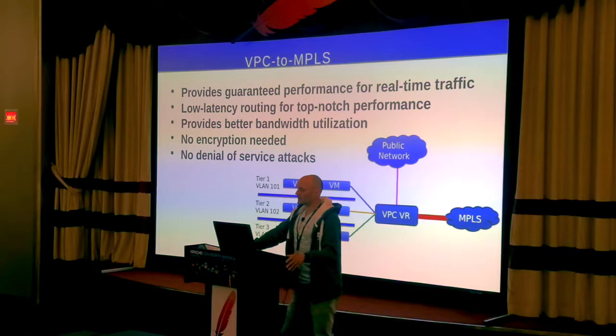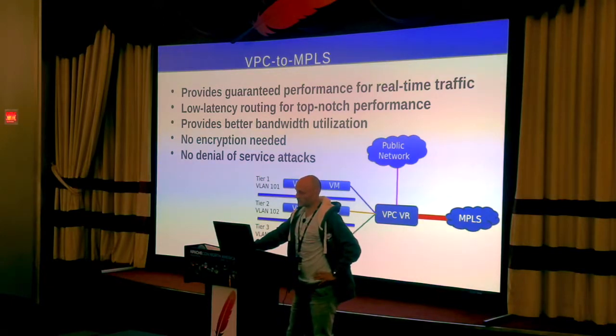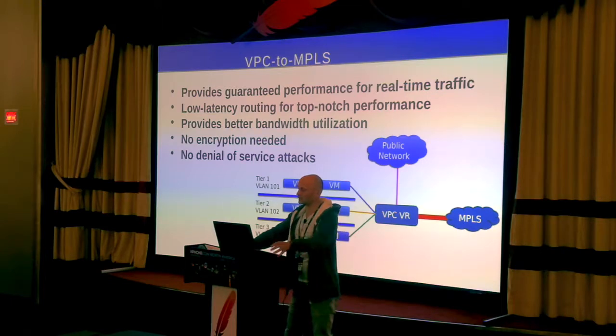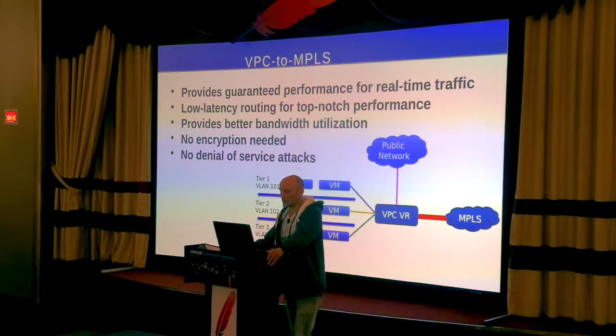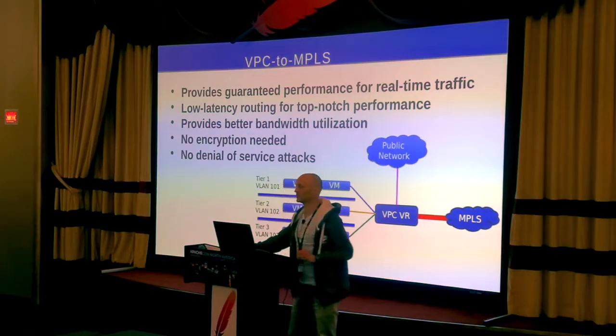Another usage is a VPC to MPLS network. As mentioned earlier, it's ideal for MPLS networks where it needs to be faster and you need a guaranteed performance for real-time apps.